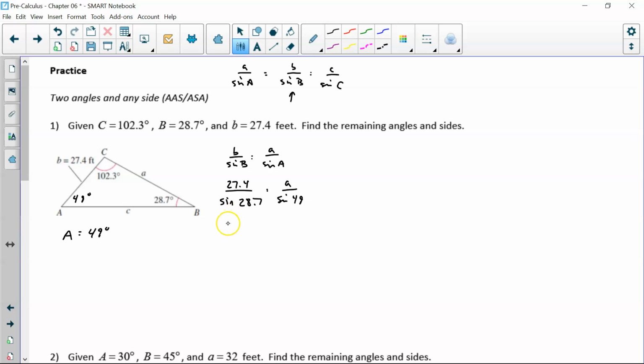We cross multiply: A times the sine of 28.7 equals 27.4 times the sine of 49. Divide both sides by the sine of 28.7. And A equals, so now make sure you're in degrees, and when we divide and multiply, we're going to get about 43.06 feet.